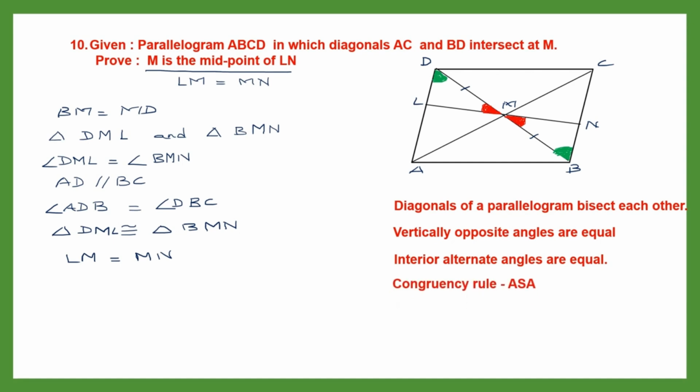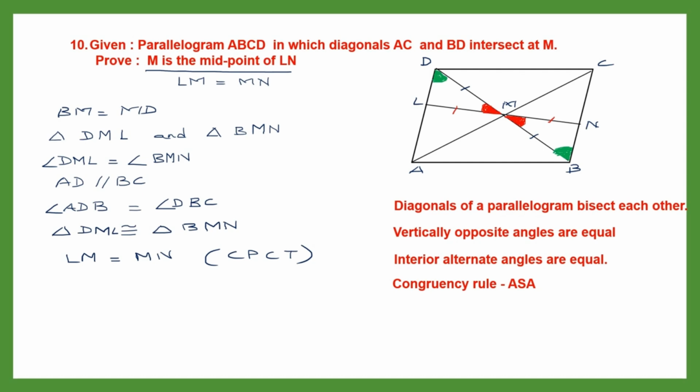So we have to remember that we are following the rule angle, side, angle for this first part. And now we are saying that these two also are equal to each other. And what is the reason? Corresponding parts of congruent triangles are equal.